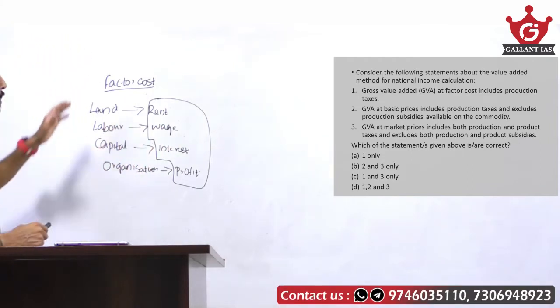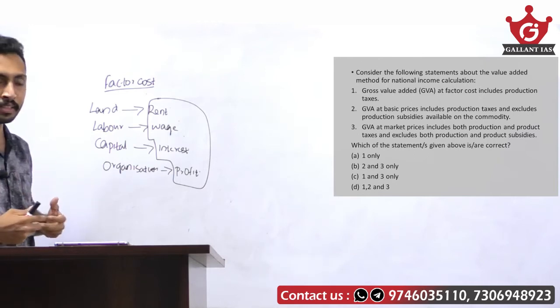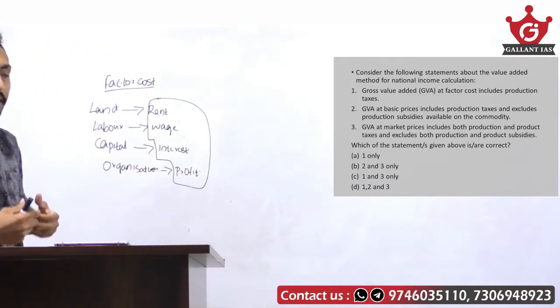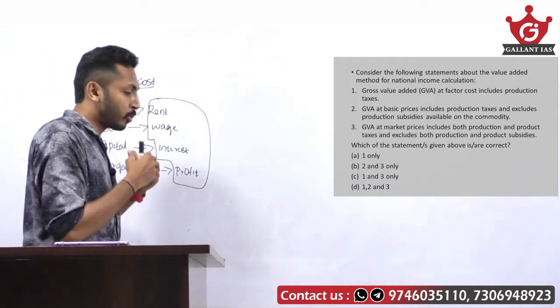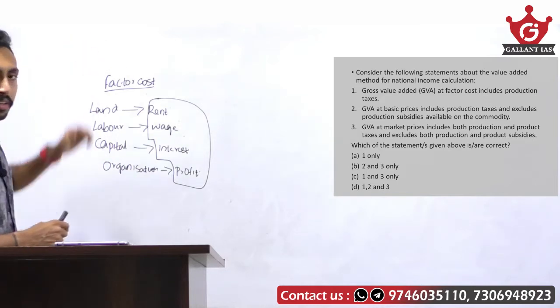National income is calculated at the producer's level without including any taxes. The cost incurred for producing output in the economy, that is national income at factor cost level.